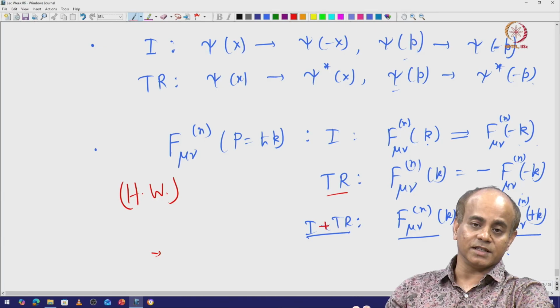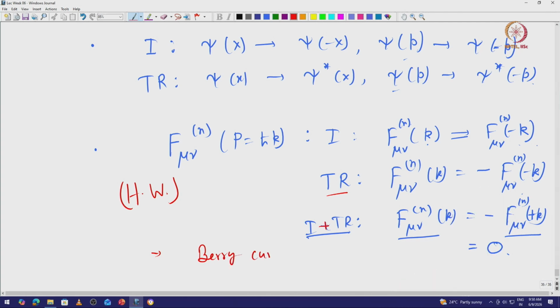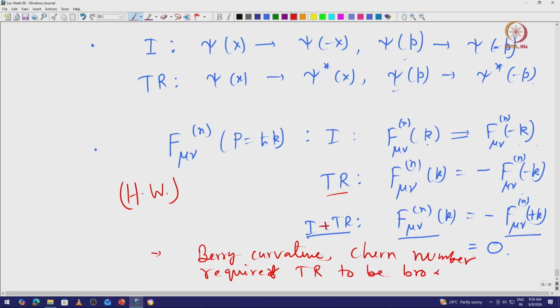So time reversal symmetry breaking is an important criterion for the Chern number to appear. It requires time reversal to be broken.